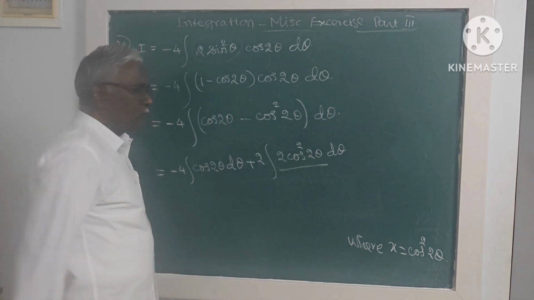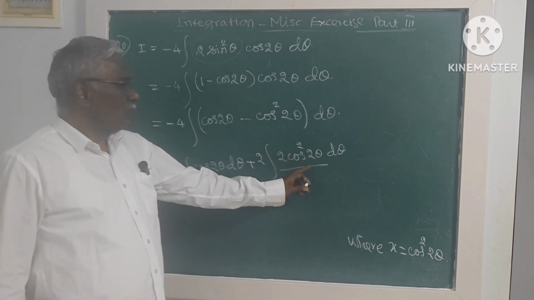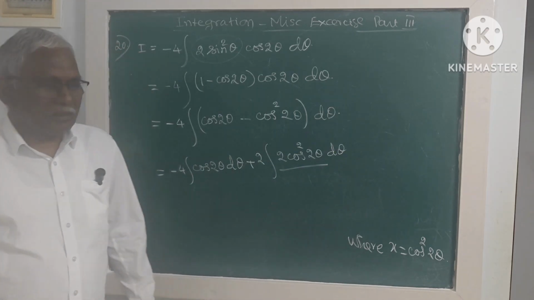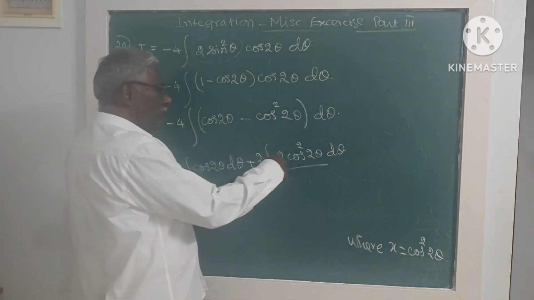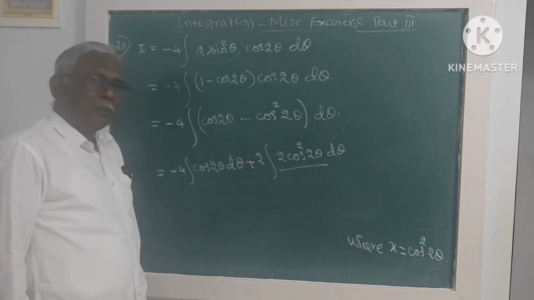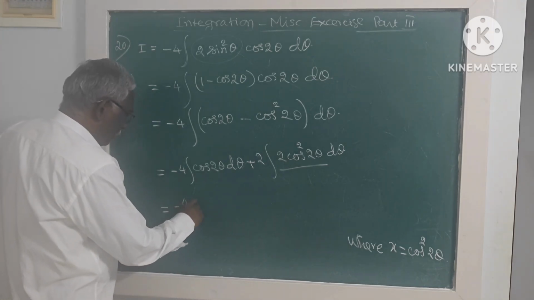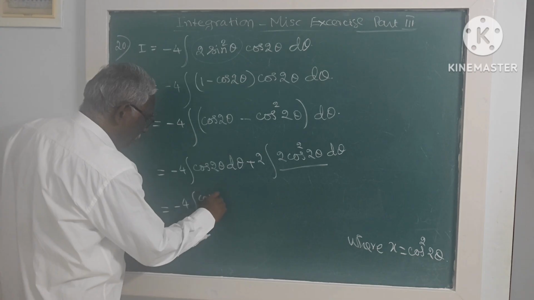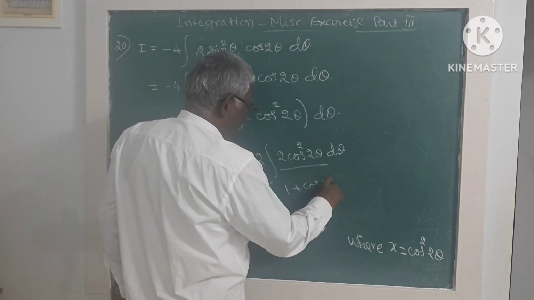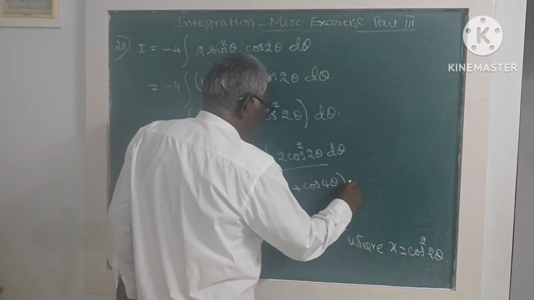Once you write 2 cos square theta form, 2 cos square theta is 1 plus cos 2 theta, and 2 cos square 2 theta is 1 plus cos 4 theta. So this is nothing but minus 4 times integral of cos 2 theta plus cos 4 theta d theta.